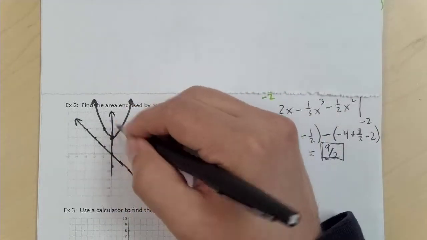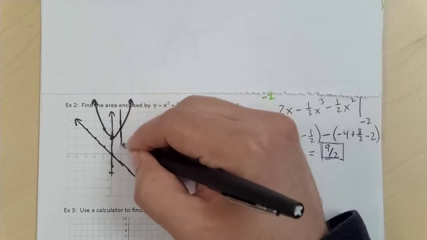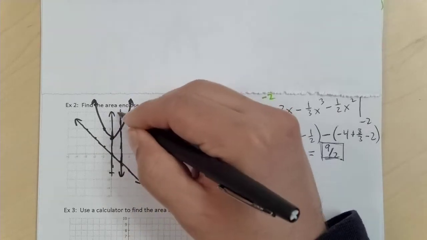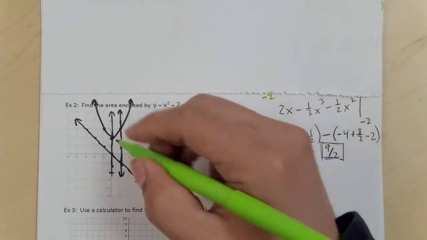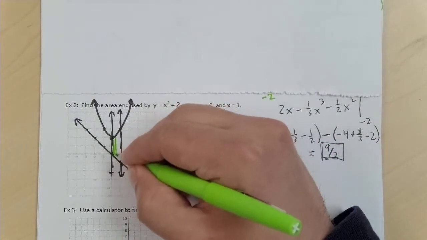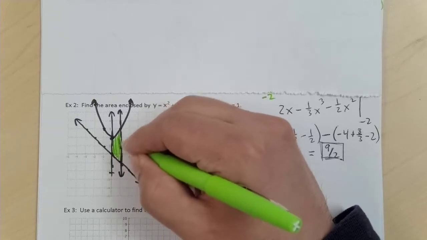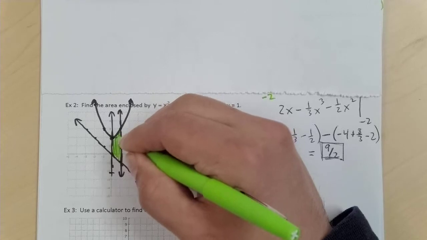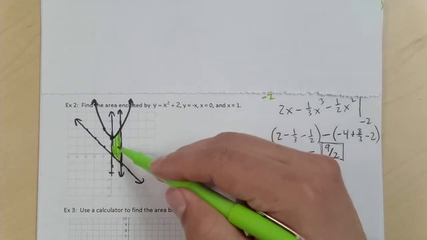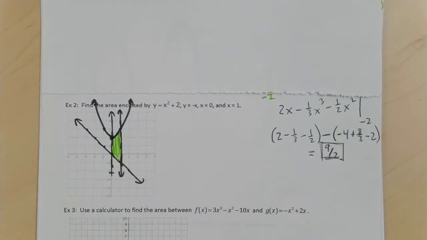And x equals 1, so that's here. And so they want to find the area between all 4 of these. So that would be this, what almost looks like a trapezoid, except for this curved portion at the top. We're trying to find this area, okay?